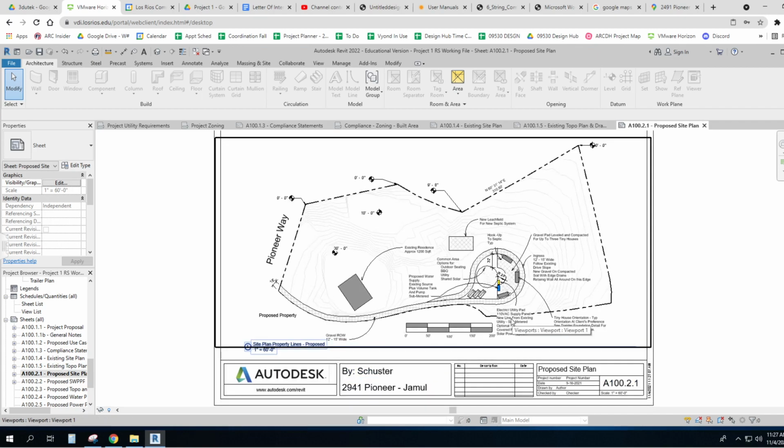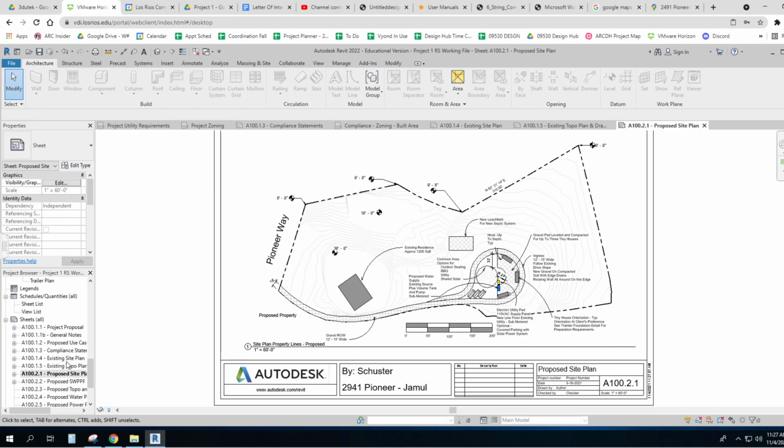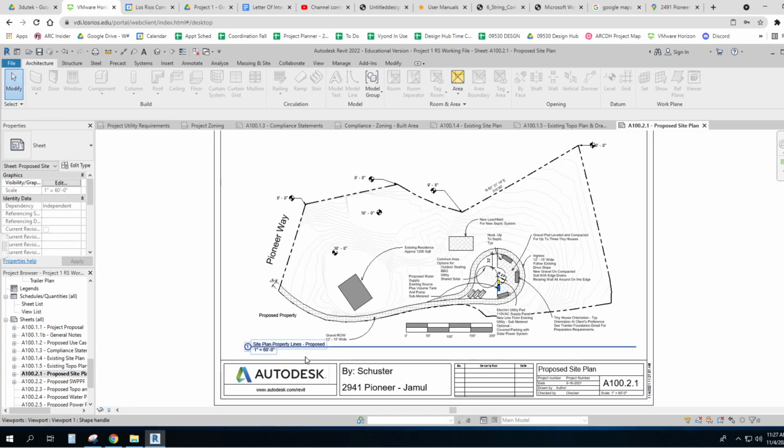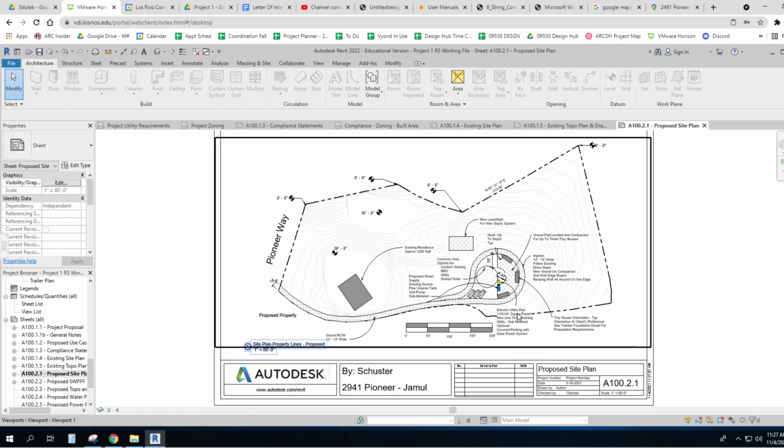Proposed site. Now this is where you'll get into it. So any questions on those three, on the two existing site plan sheets? Okay, then on the proposed, any questions on that?